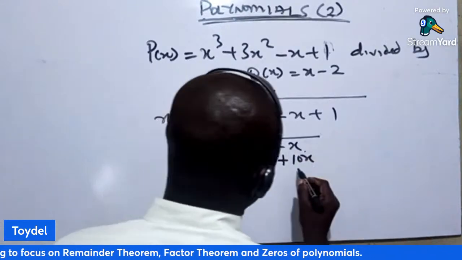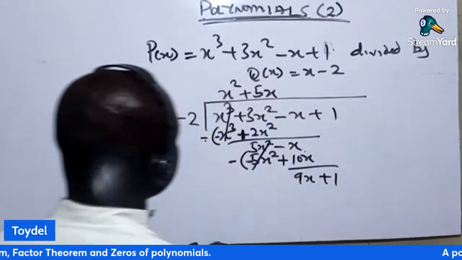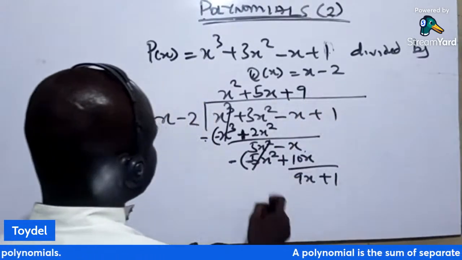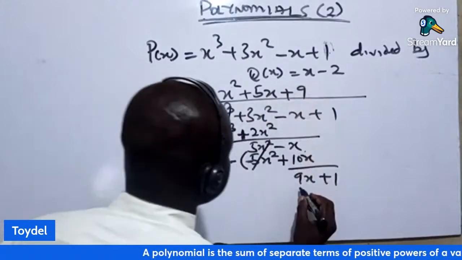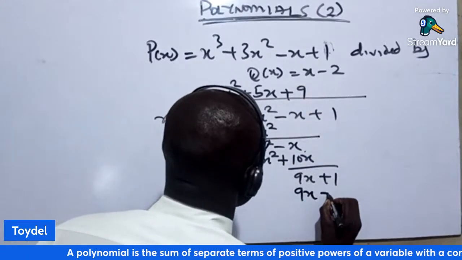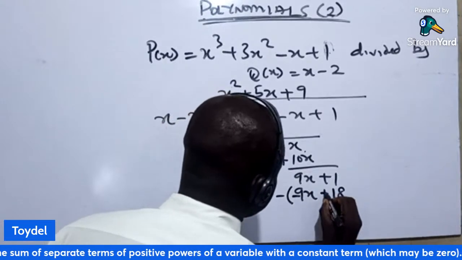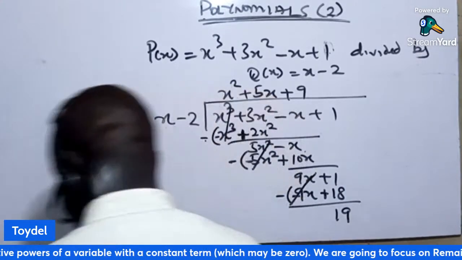And at the end of the day, we are going to have 9x plus 1. We bring down this. Then at this stage, we are going to say this is plus 9, because when we use 9 to multiply x, we are going to get 9x. So 9 times x, that is 9x, minus 2 times 9, 18. So when we introduce negative, this will be minus, this will change to plus. This will cancel this. At the end of the day, we are going to get 19.